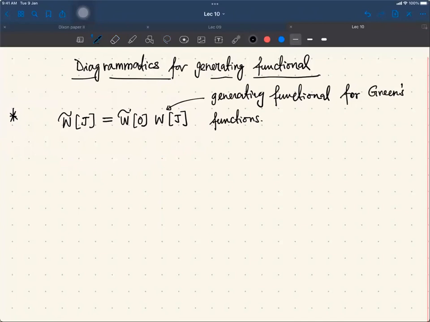And this WJ has non-vacuum diagrams, and it has the form exponential of Z of J, with non-vacuum diagrams, both connected and disconnected. And it has the form exponential Z of J, where Z is only connected non-vacuum diagrams.